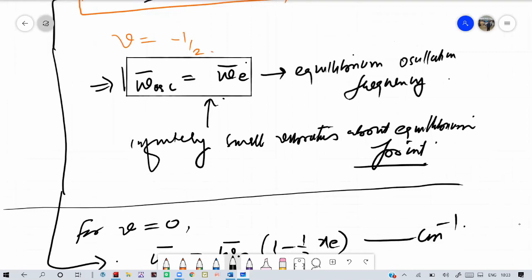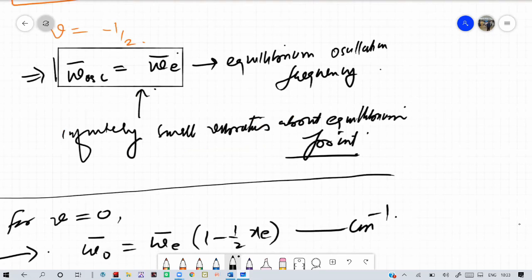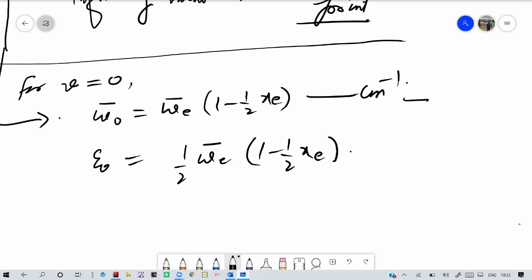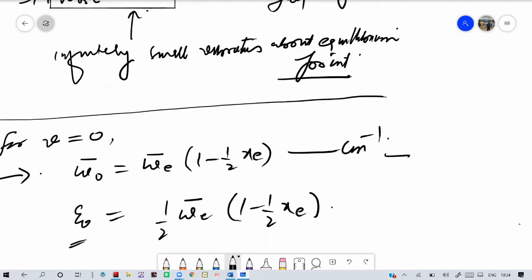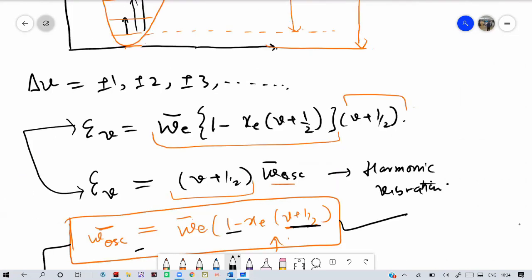For nu equal to 0, it is 1 minus 1 by 2 xe, in centimeter inverse. And if you find E naught, the energy, it is 1 by 2, which you will find from this expression here.